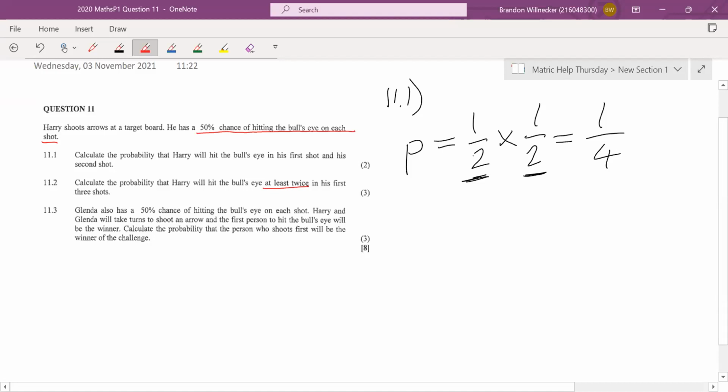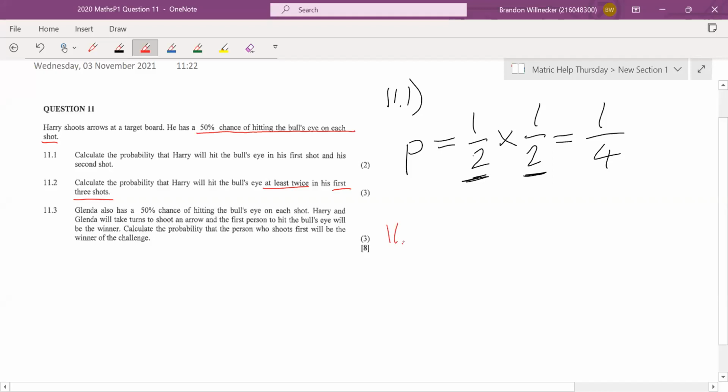Next, in his first 3 shots. So he's taking 3 shots, and we want to know what is the probability that he will hit the bullseye twice or 3 times. So remember what I said there, or. In probability, whenever you see the word or, we mean addition.